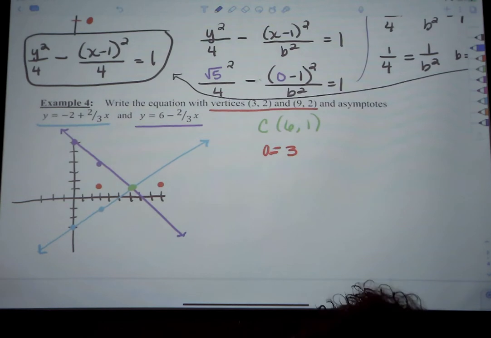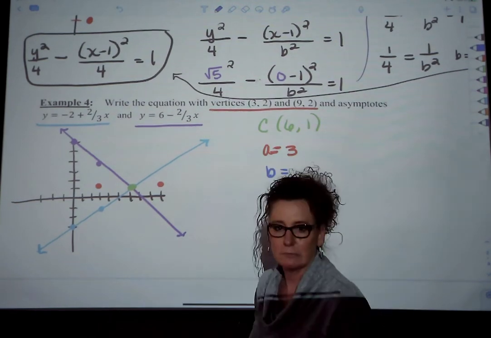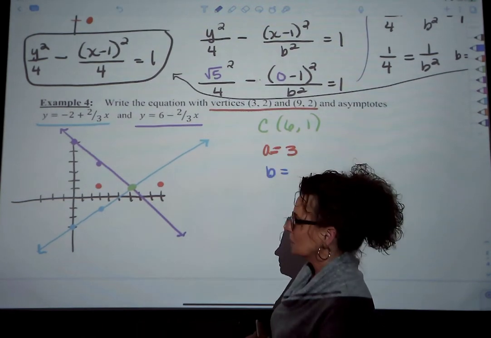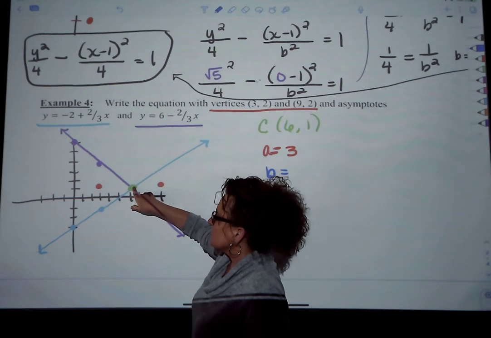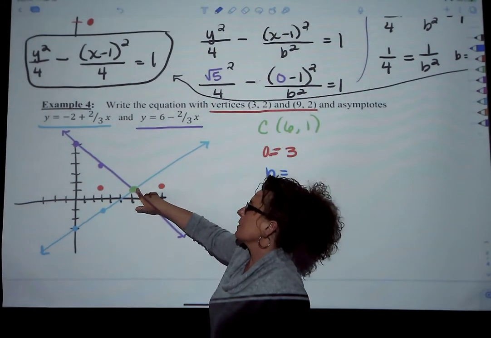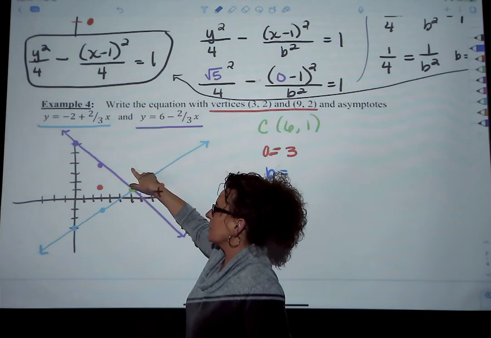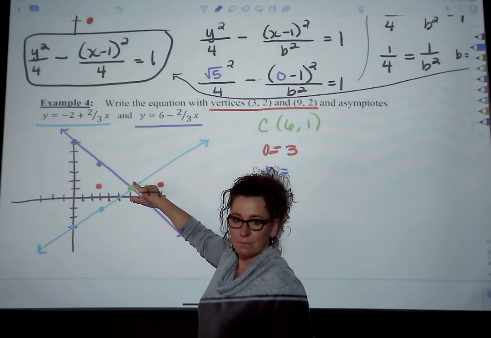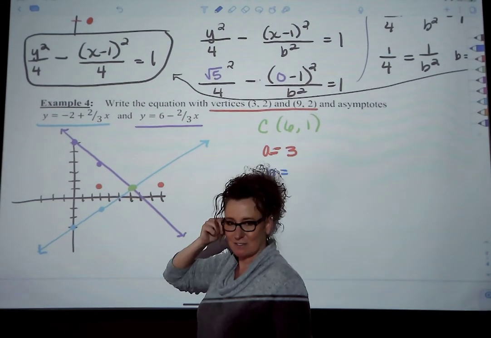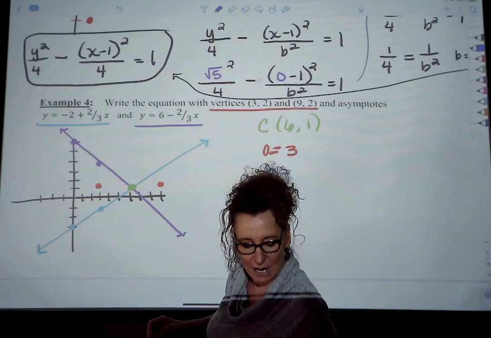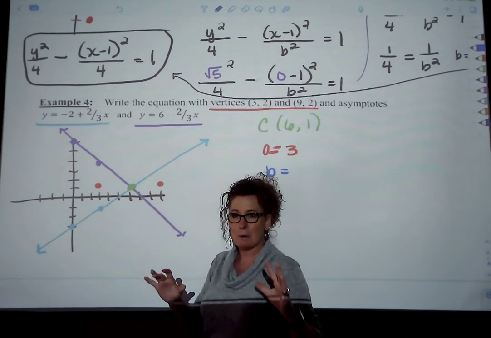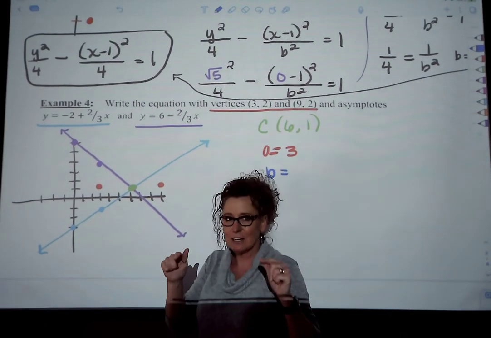What's B? So A says I'm going 3 out from the center. B, I don't know how far up to go. Here's the thing. Remember how I said your asymptotes pass through the corners of the rectangle that you make?